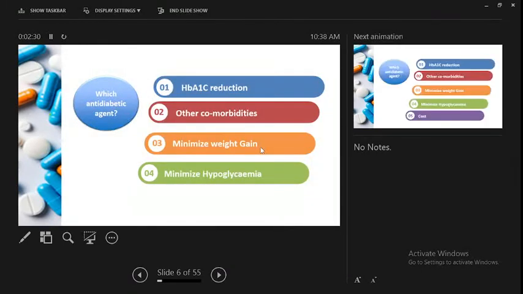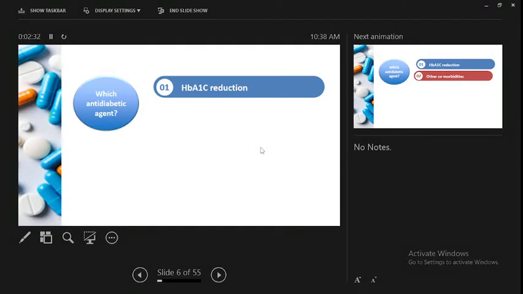When you're choosing the oral hypoglycemic agent, it depends on several factors. The first one is the HbA1c reduction by the particular agent you are going to use. Is it going to achieve your desired target of HbA1c in your patient? As mentioned, the general target is 7%.